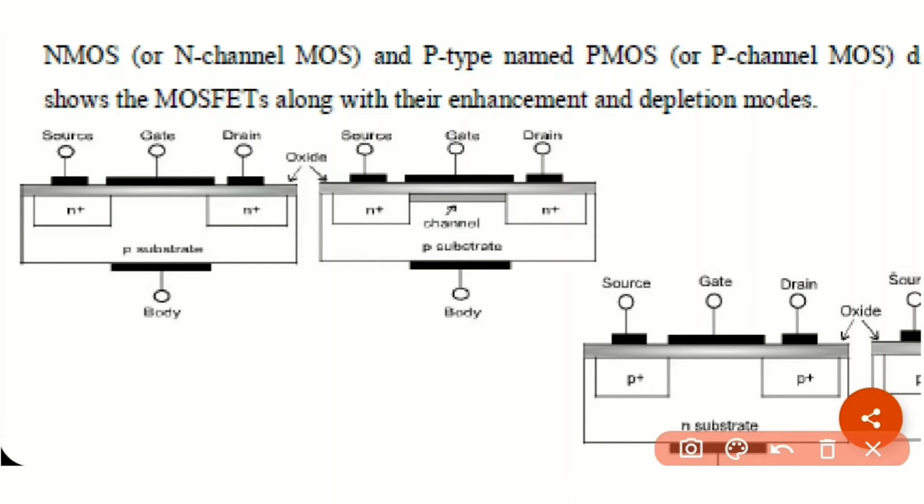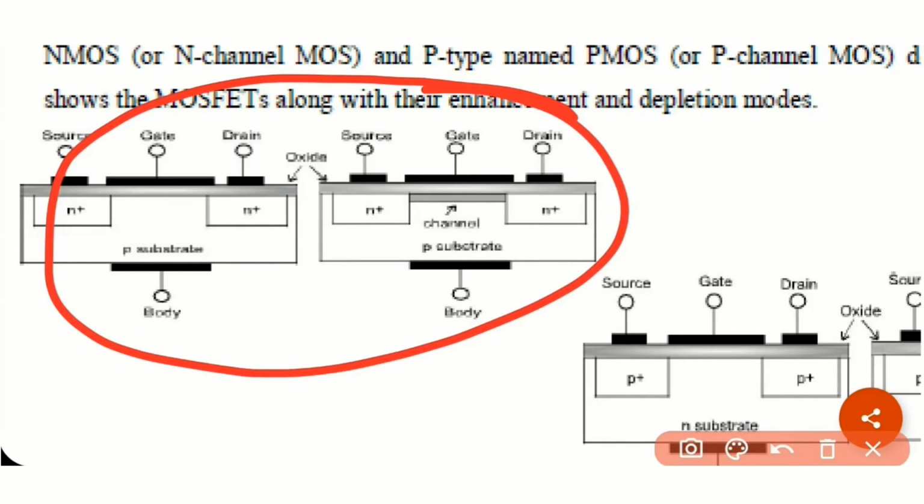So this whole is the NMOS transistor. The left hand side one is the enhancement and the right hand one is the depletion. A polysilicon gate is deposited on a layer of insulation over the regions between the source and drain.